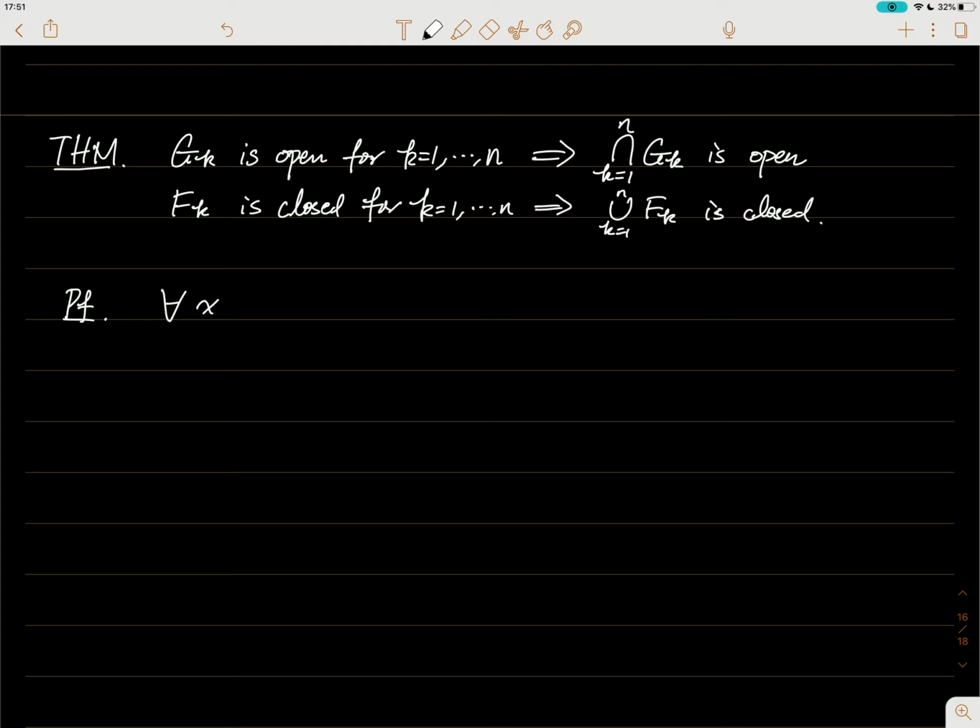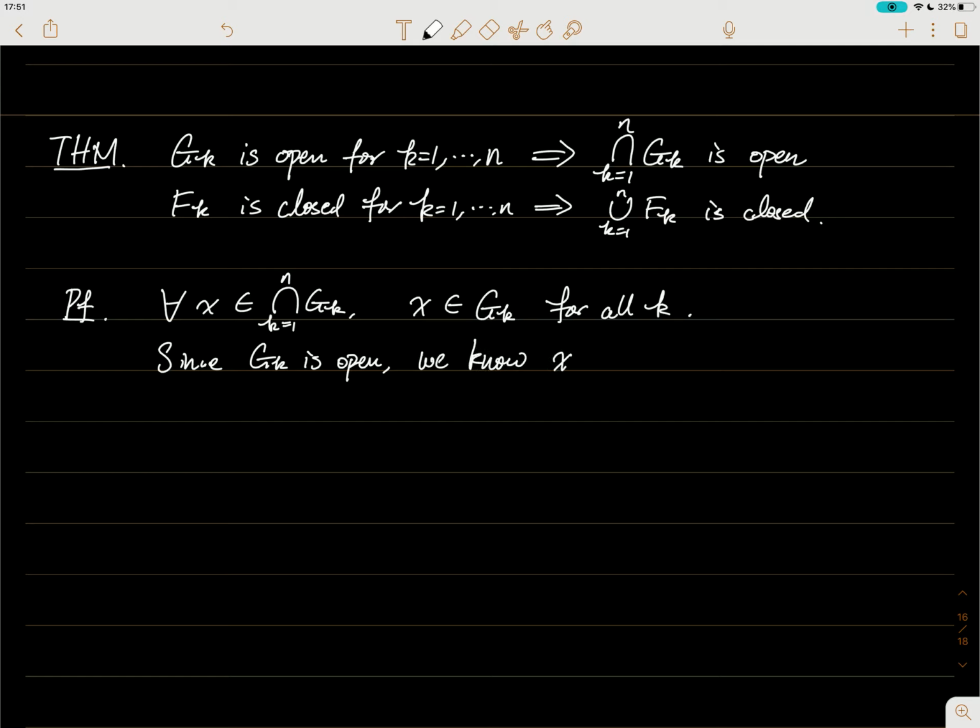So for any point x in the intersection, I know that x belongs to G_k for all k from 1 to n. Since G_k is open, we know x is an interior point of G_k.